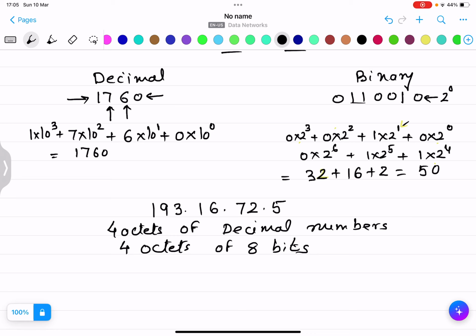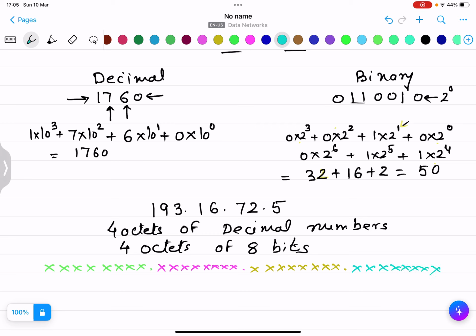Okay, what that means is that there will be 8 bits, 4 octets of 8 bits.